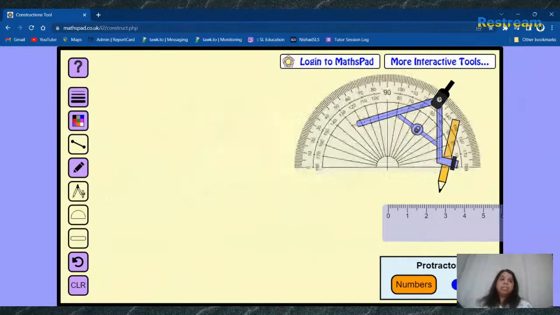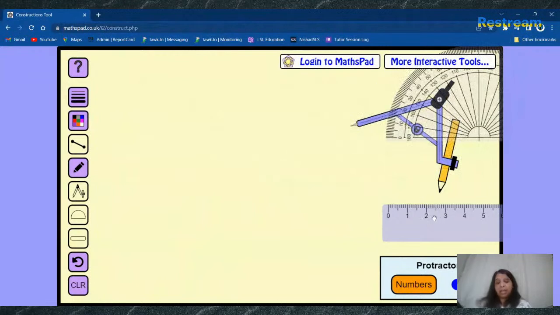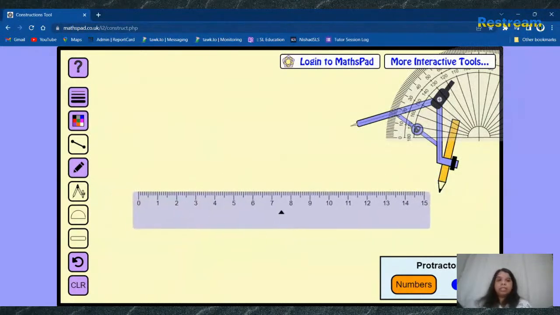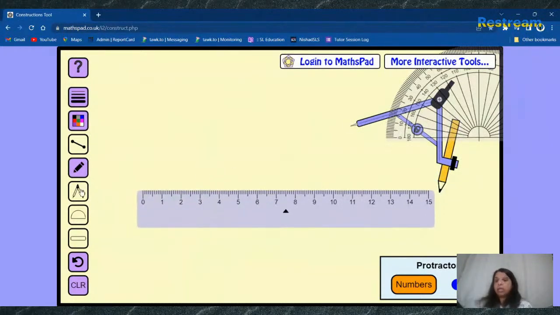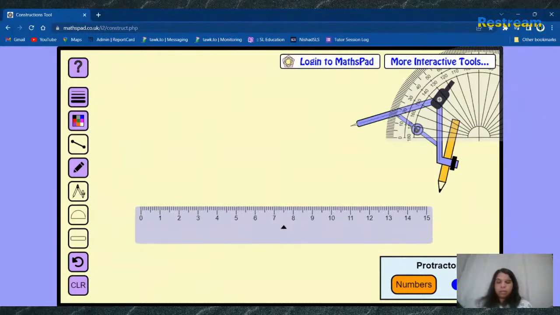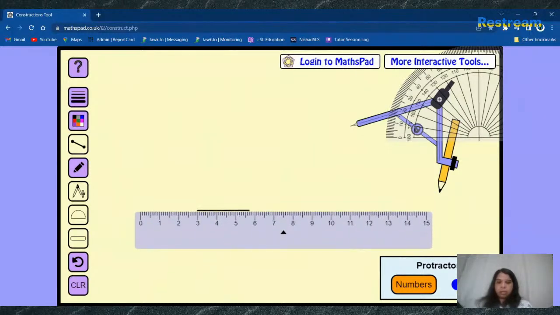Now next is bisecting an angle. So let's say I'm going to draw an angle which is 70 degrees. Let's take some nice number. Okay, so this is my, okay, let's take it here, and this is my angle.